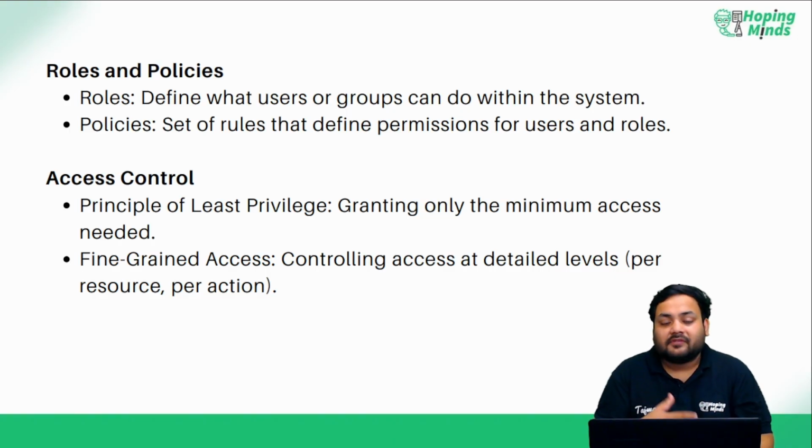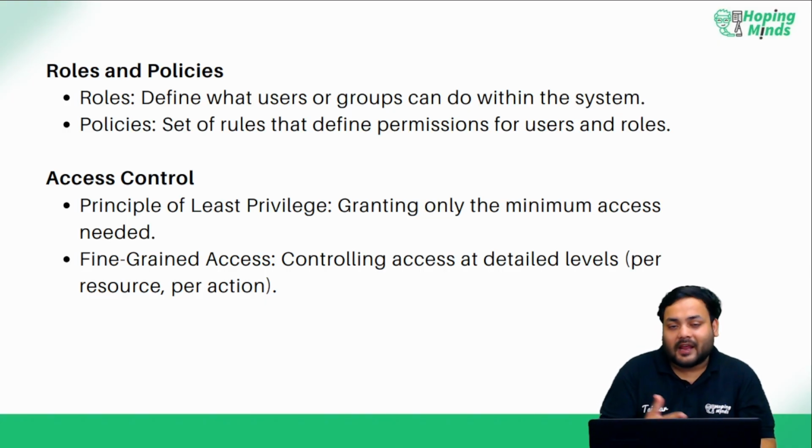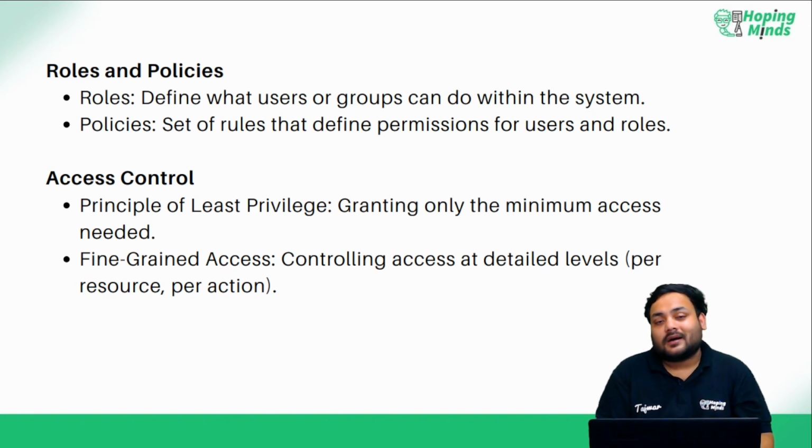Apart from that, we have roles and policies. A role is something like what a person or a particular group can do. Someone who has a developer role will be able to access all the developer-related things. Policies are basically rules, where we limit the access.